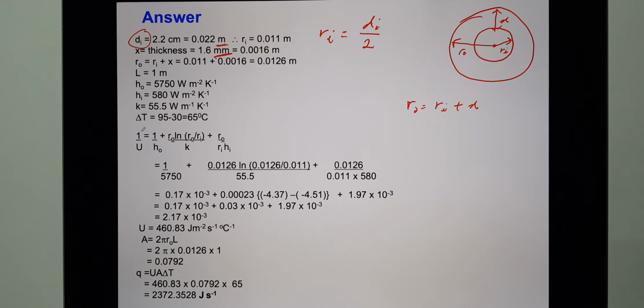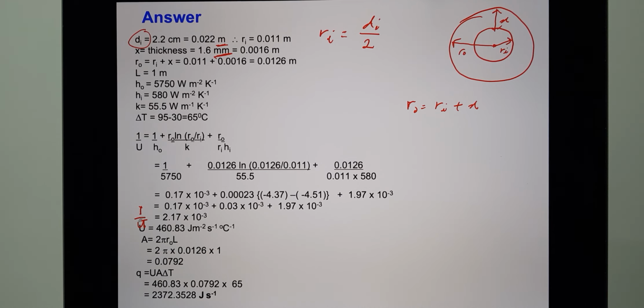Apply the equation 1 over U equals 1 over H naught plus R naught ln R naught over Ri per K plus R naught over Ri Hi. Just plug in all the values that you have calculated at the top. Then you should be able to get 1 over U as 2.17 times 10 to the power of negative 3.